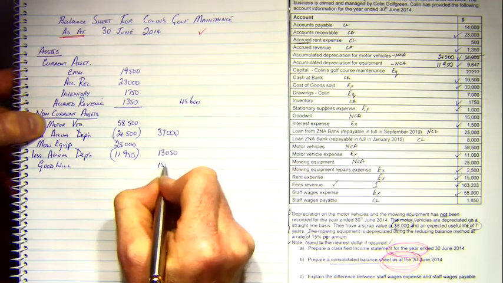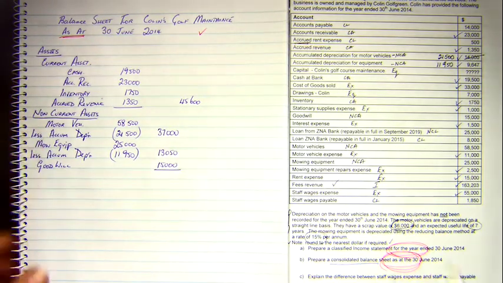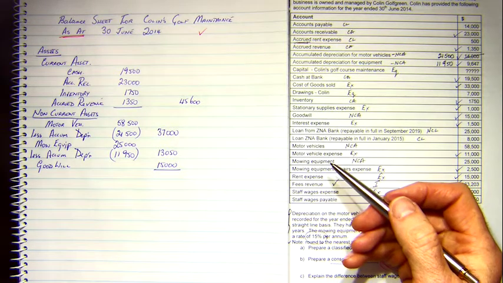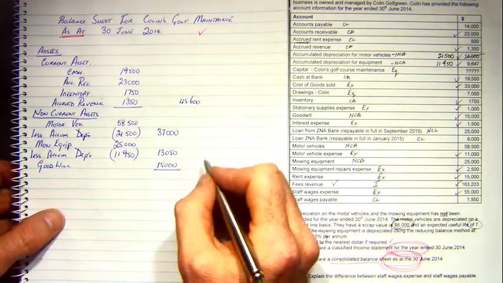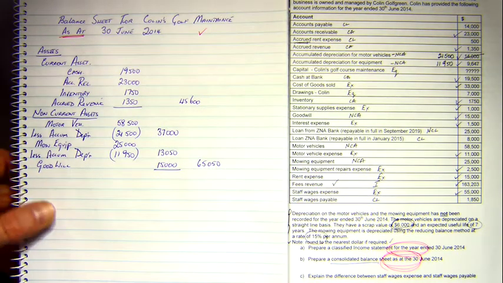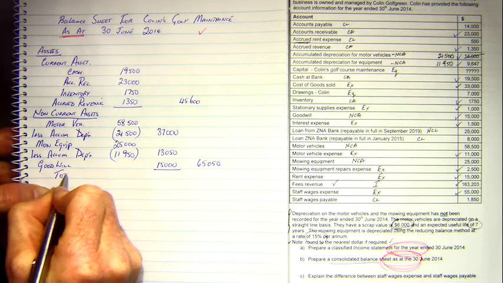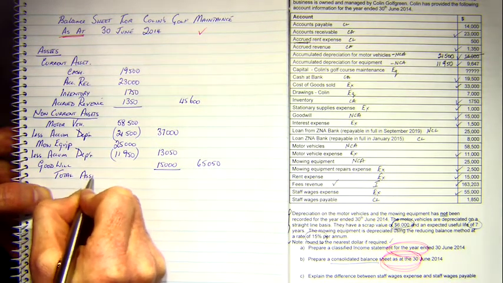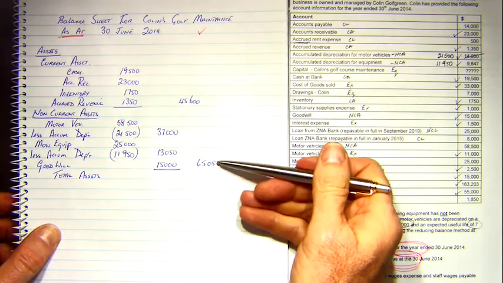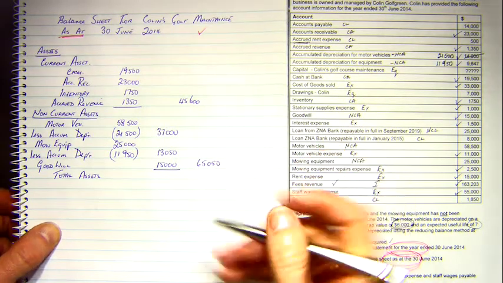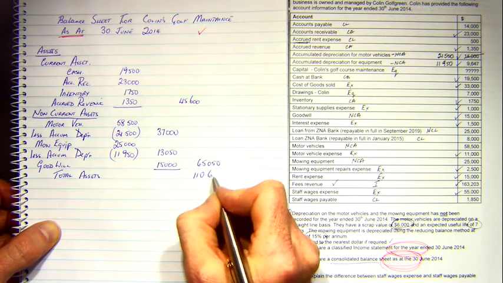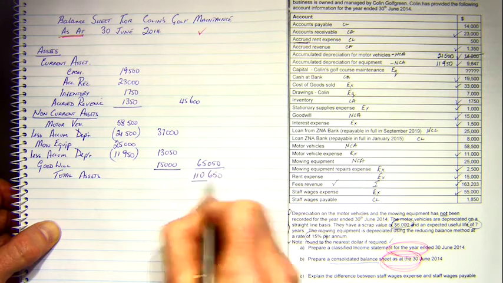And my goodwill was 15,000. So that'll give me total non-current assets of 65,050. And I'll have total assets. My total assets is my 45,600 plus my 65,050, which will give me $110,650.